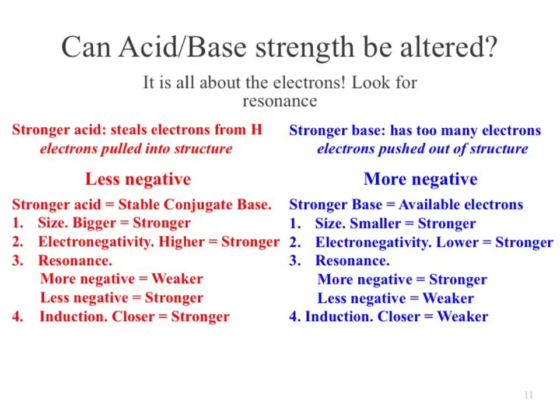It's important to be able to rank your acids and bases. We've got all of these rules which you've seen again and again and again. On deciding if you have a stronger acid, it's stealing electrons from hydrogen. Okay? We've got size effects, electronegativity effects, resonance effects, inductive effects. When we switch over to bases, you'll notice that what do we have? Size effects, electronegativity effects, resonance effects, inductive effects.